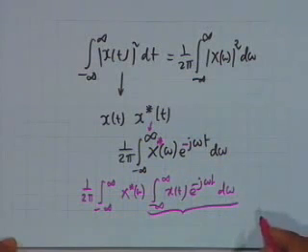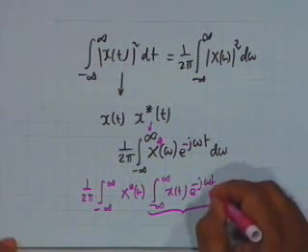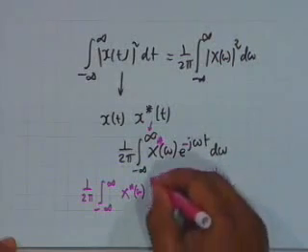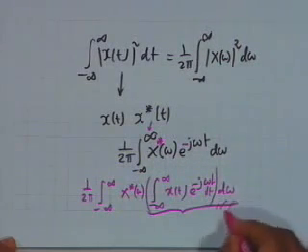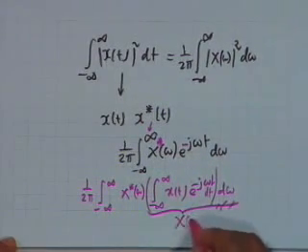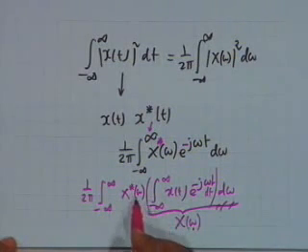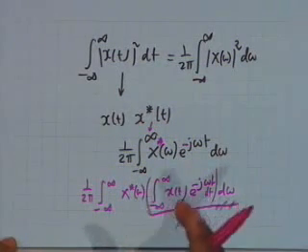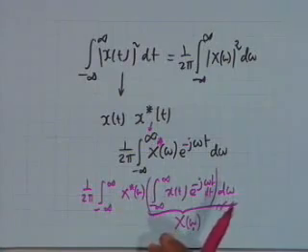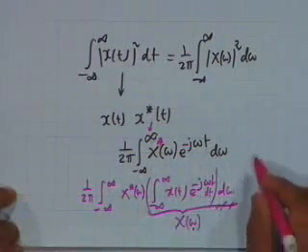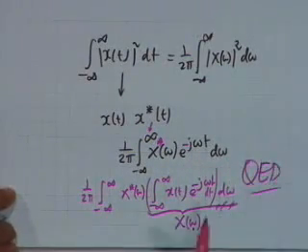No, I have made a mistake, there is a dt here. You can easily see that this quantity is simply capital X of omega, and therefore X multiplied by X star is |X(omega)| squared, and therefore the relation is proved, QED.